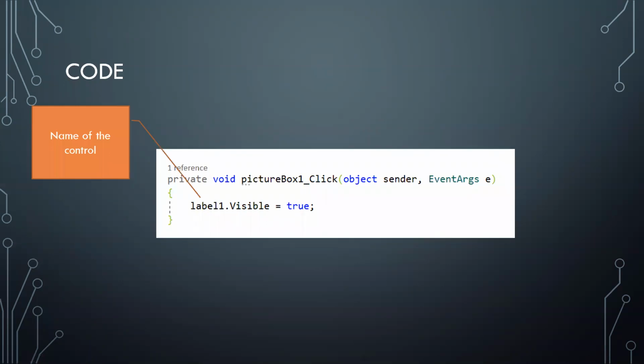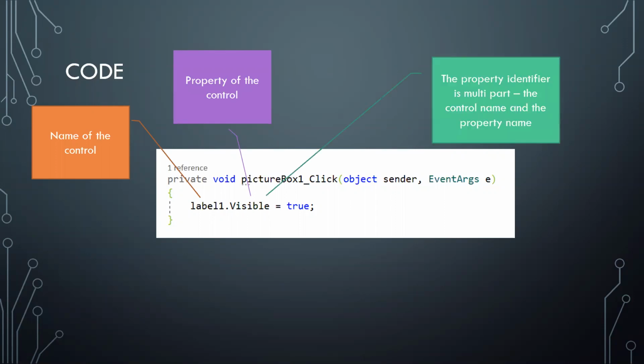But if we break it down, remember when we're working with a control on our form and we want to change a property, we use the name of the control first, then a period or dot, and then the property name of the control. The property identifier, this full piece of information, is multi-part: the control name and the property name.